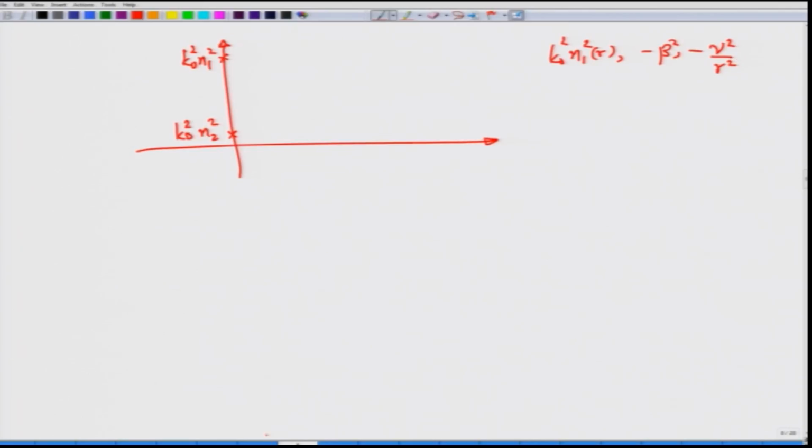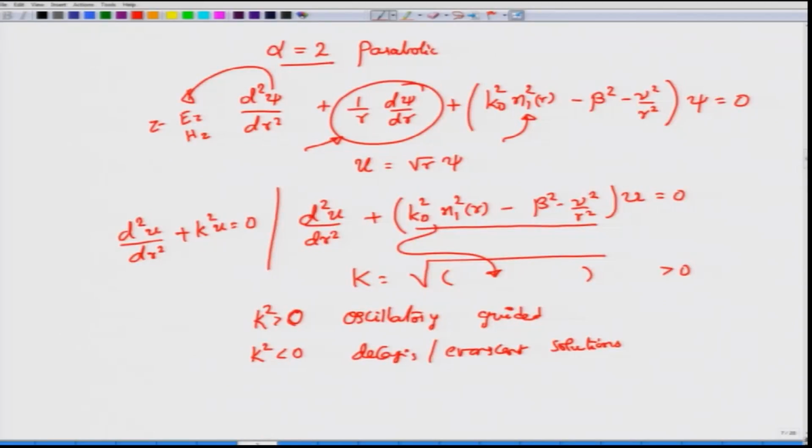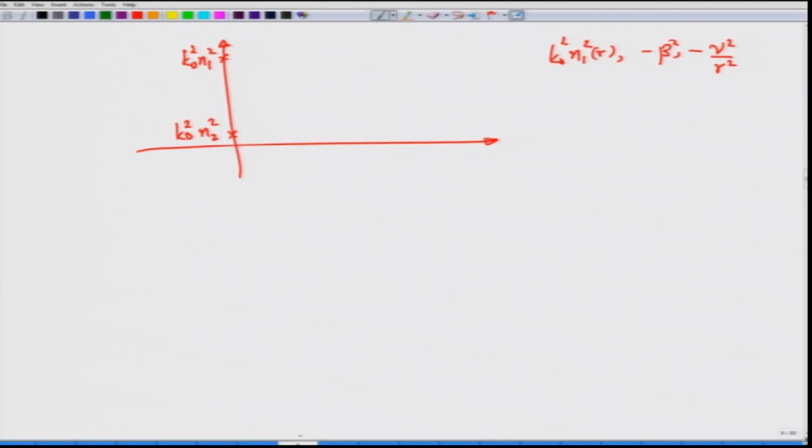The equation, when you write it down in this way, turns out to be not nu square but nu square minus 1 by 4. Okay. So, this is what it is. If you go back and look at that term, nu square minus 1 by 4 divided by r square, and when you plot all of them, this is what you will find.